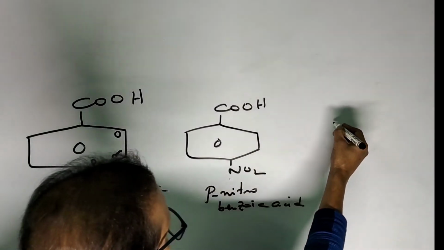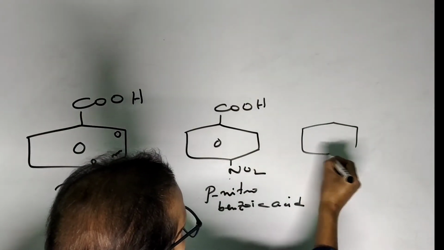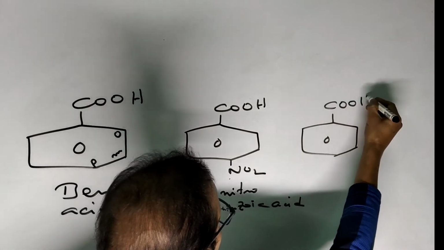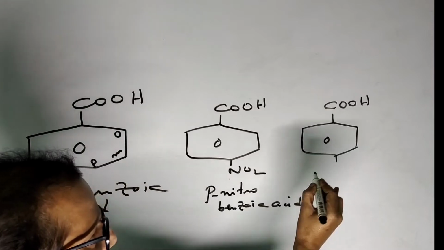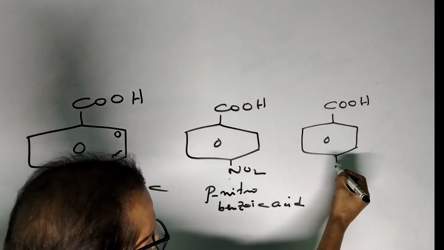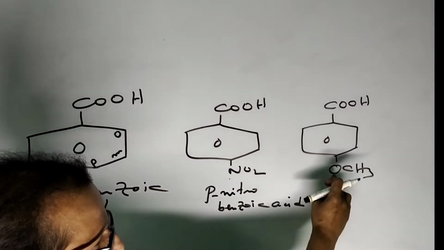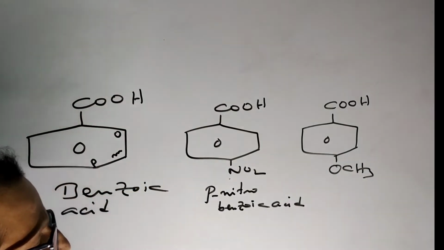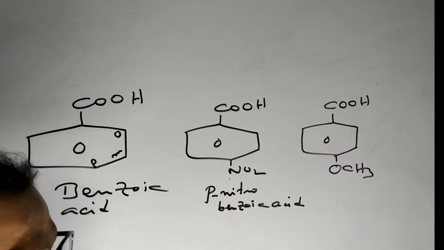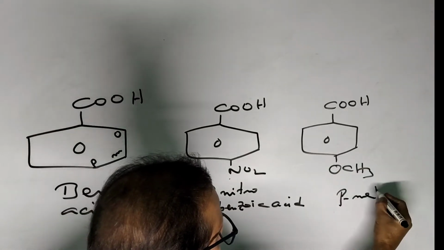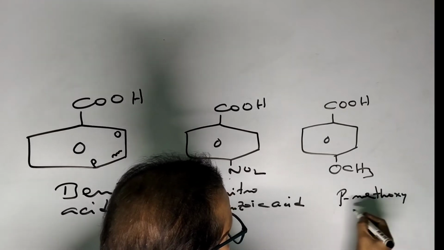If you insert one alkoxy group or alkyl group, say you insert a methoxy group, this is methoxy, OCH3. It is called para-methoxybenzoic acid.